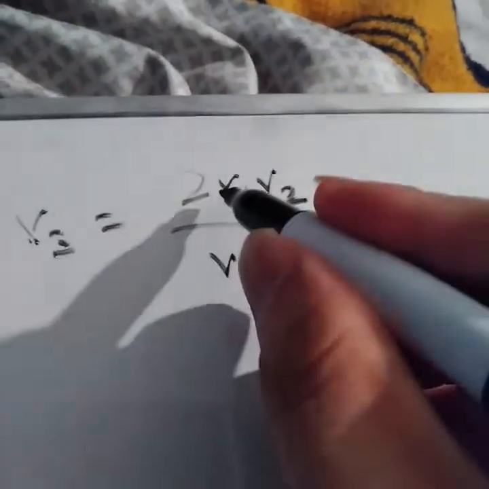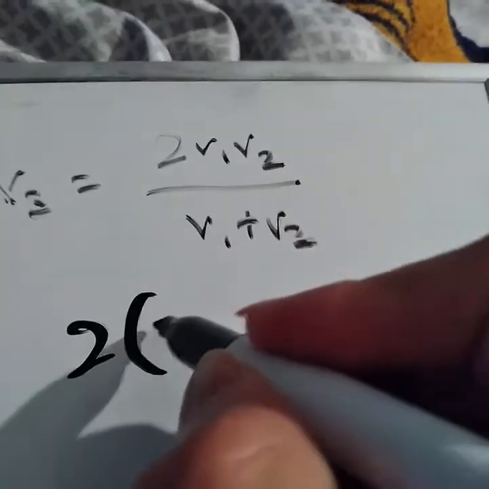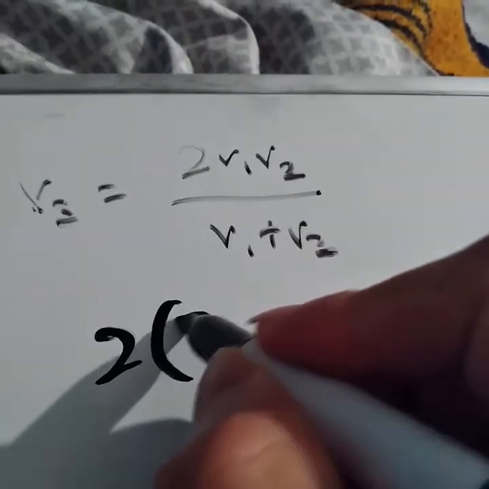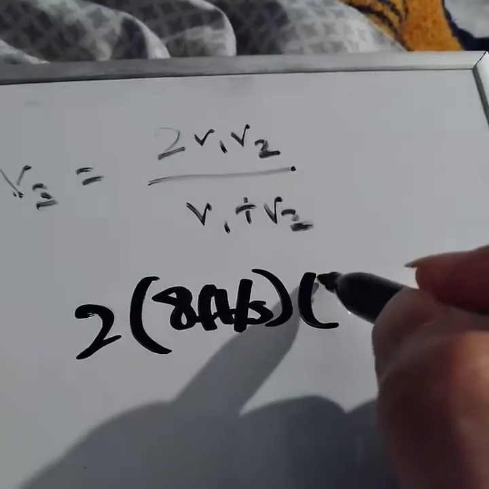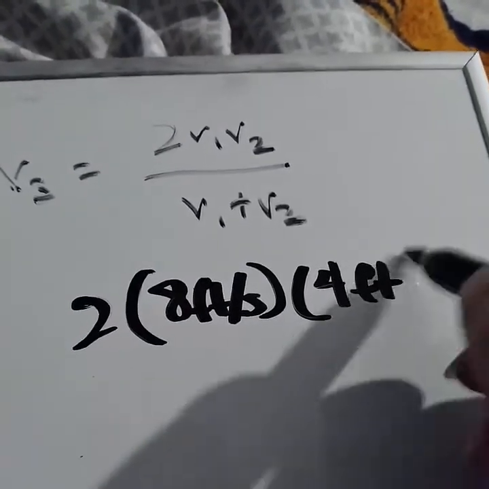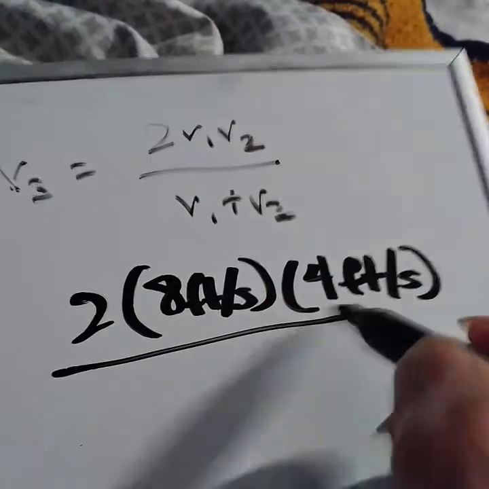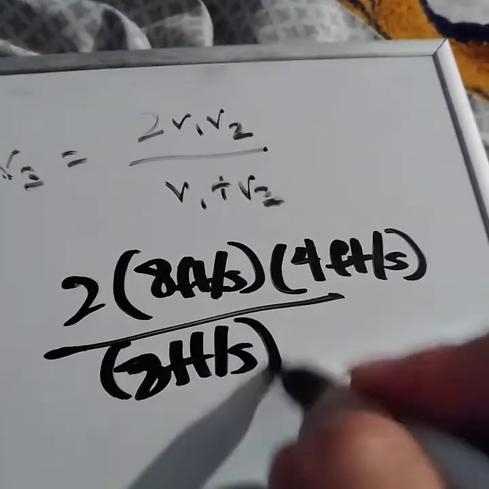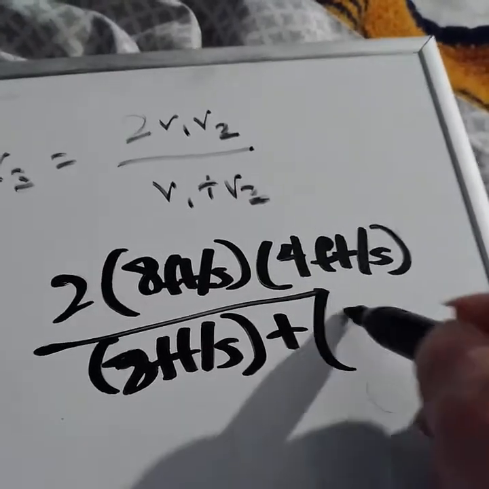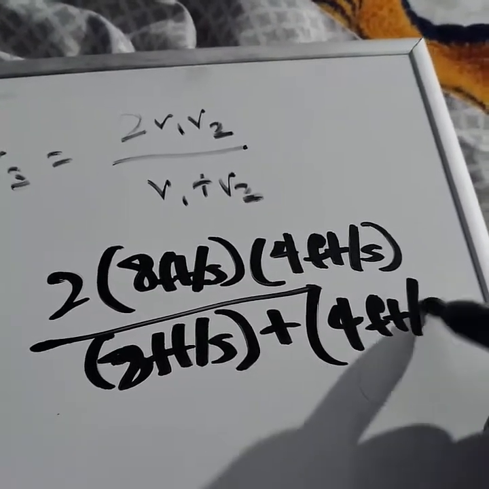Now solving it, we have 2 times the first part, 8 feet per second, times the second part, 4 feet per second, divided by 8 feet per second plus 4 feet per second.